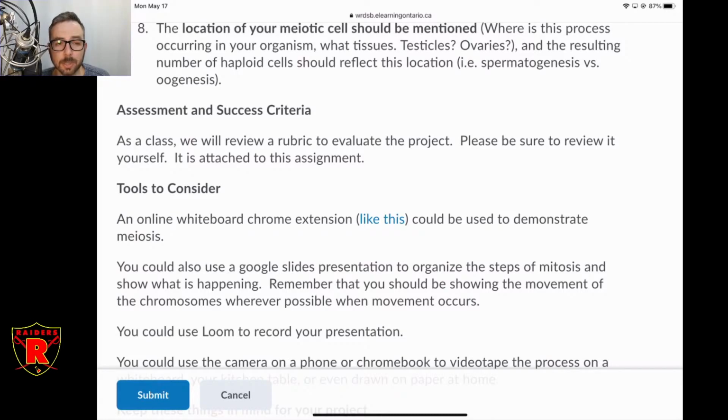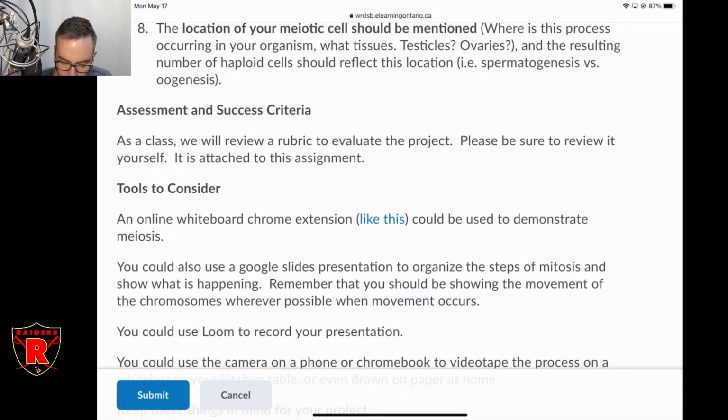The easiest way to do this, in my opinion, is to make a Google slideshow and then just move the chromosomes around on the slideshow and show me what's going on, as you're doing a screen record. So you could use Loom to screen record or Vidyard, or there's a number of services for screen recording. But you could just manipulate the chromosomes on your screen.